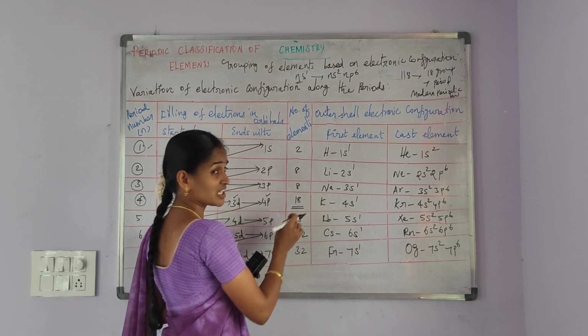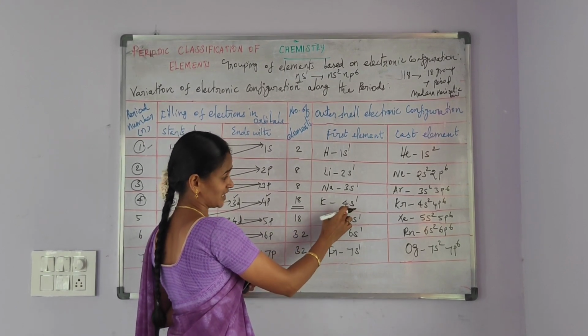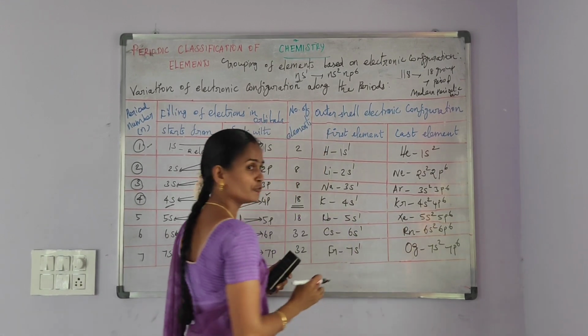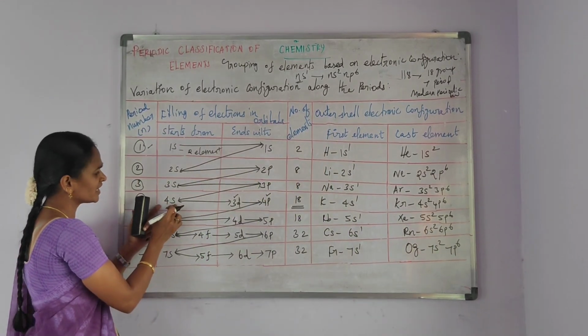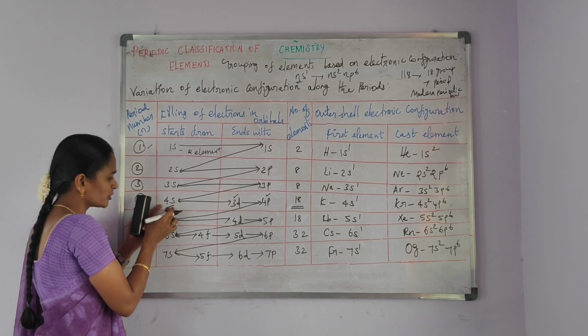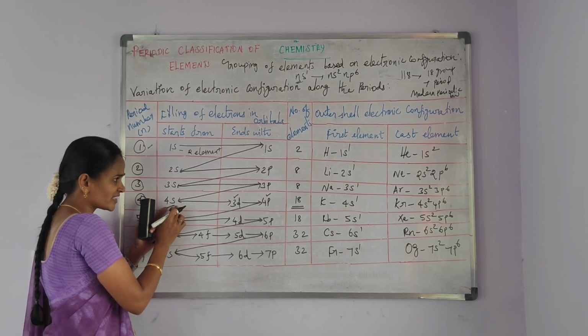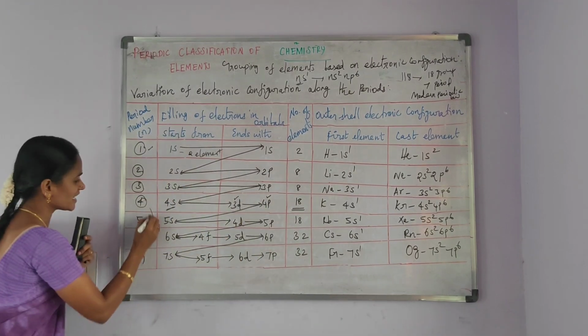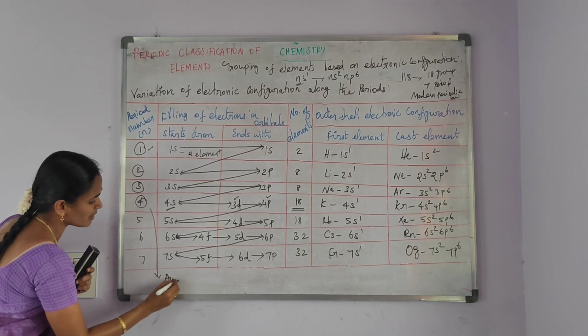The outer shell electronic configuration of potassium is 4s1. Krypton is 4s2 4p6. Here, the filling of the fourth period starts from 4s followed by 3d and 4p based on the Aufbau principle.